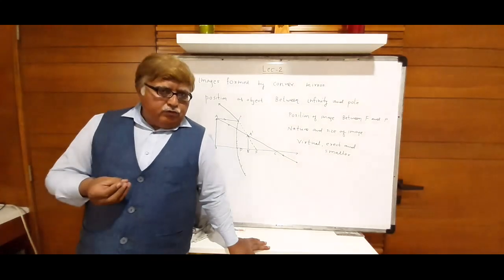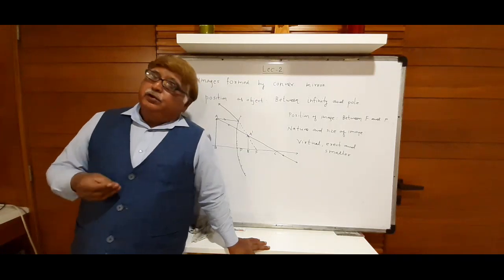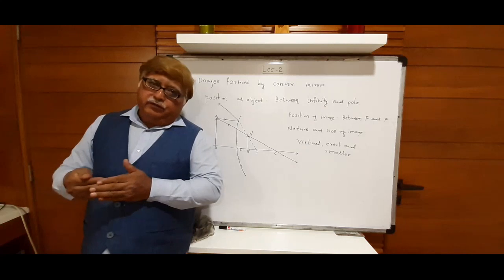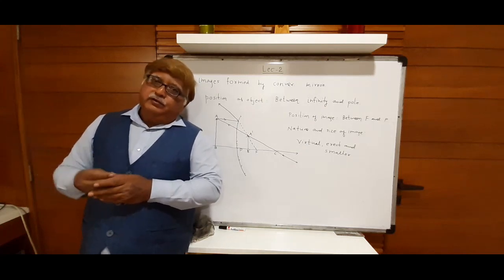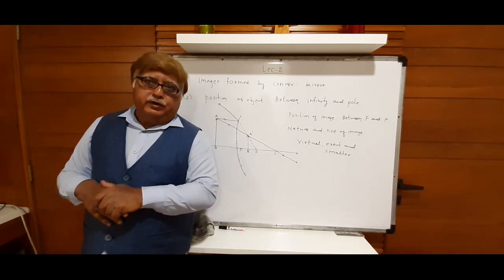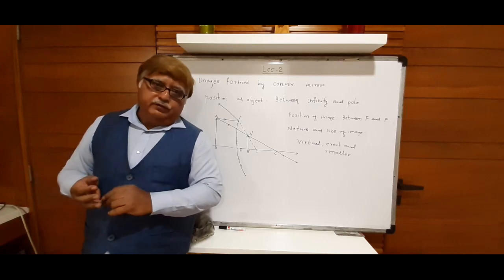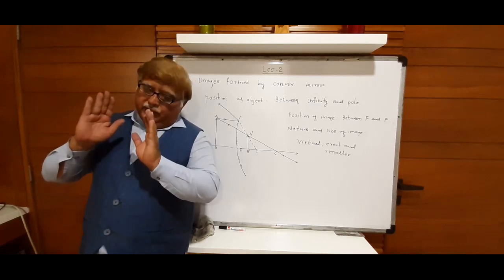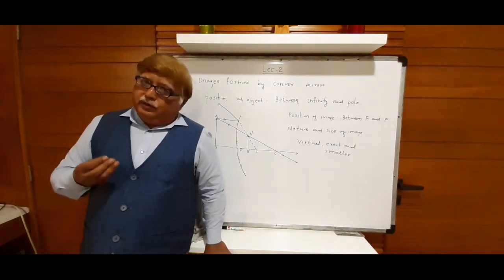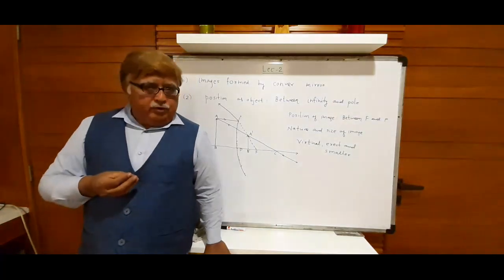Plane mirror can also form a virtual and erect image, but we don't utilize plane mirror there because plane mirror has a plane surface and convex mirror has a curved surface. This curved surface gives a large area of reflection. So whenever vehicles are coming from behind, you are able to see a clear, distinct, virtual erect image of the vehicle coming from behind.